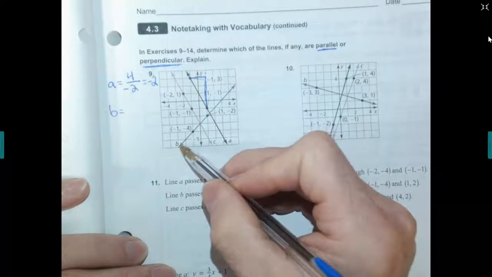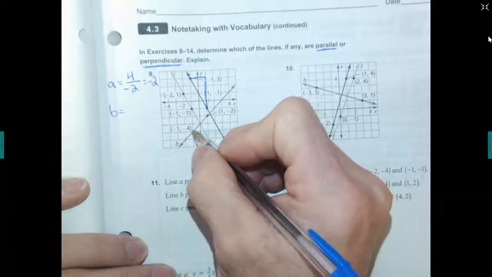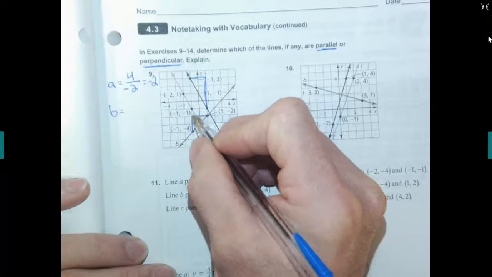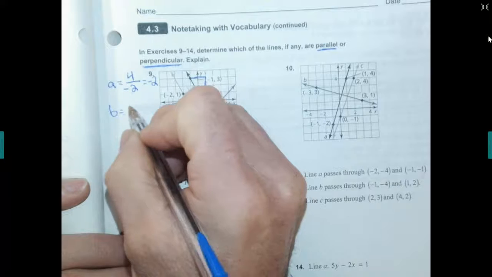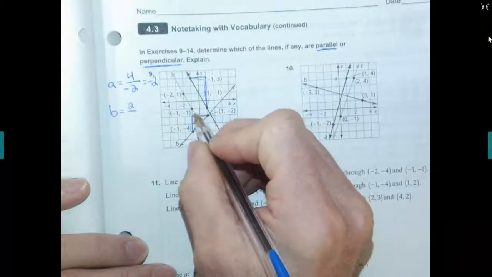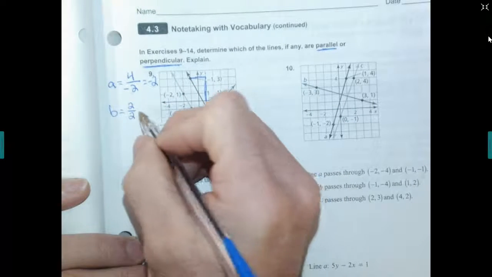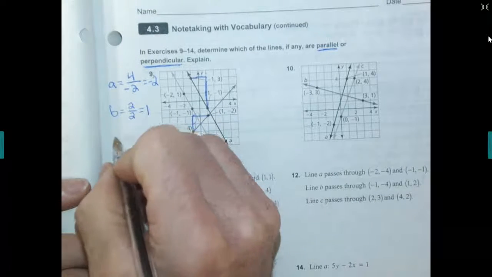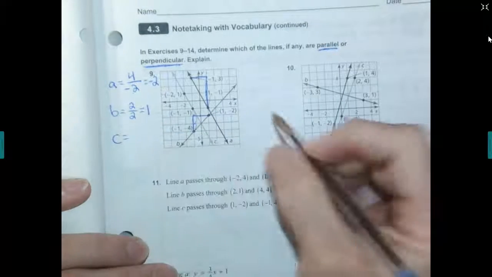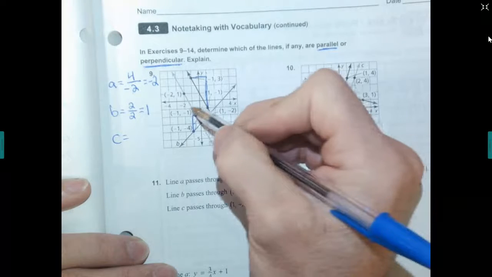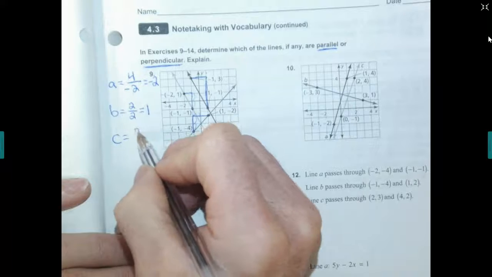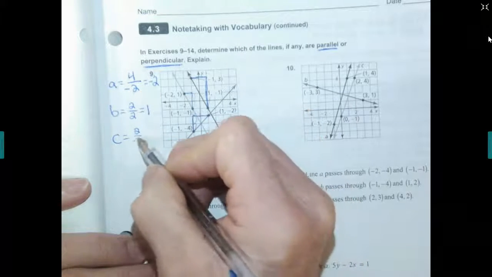Alright, B. Here's line B. Here's our known point here and here. So we go 1, 2. So it goes up 2 and goes over 2. So the slope for this one is 1. And then let's check C. Here's C. Here's our 2 points. So we go up 2 and then -1.